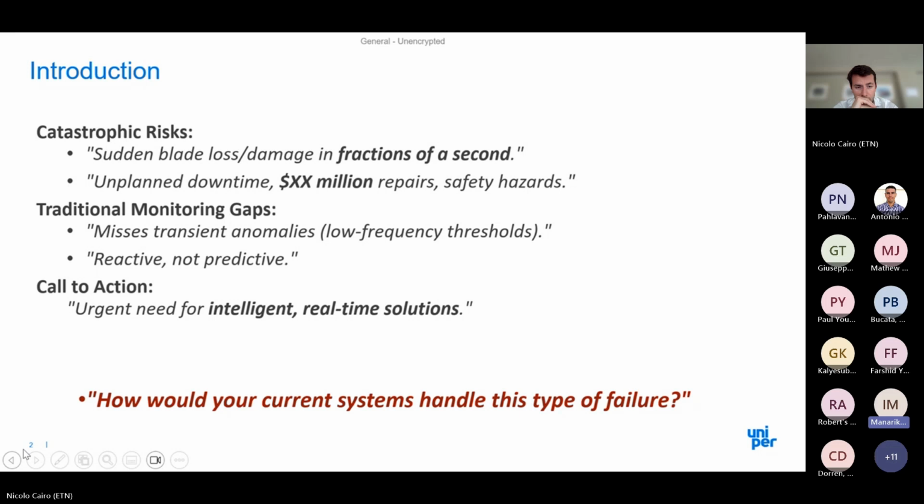So there are lots of monitoring gaps currently. We miss a lot of vibration anomalies or transient behaviors like this because of the low frequency thresholds that we work on. So it is reactive, not predictive. And this could be a time that we could work together to develop something intelligent and something edge-based monitoring.